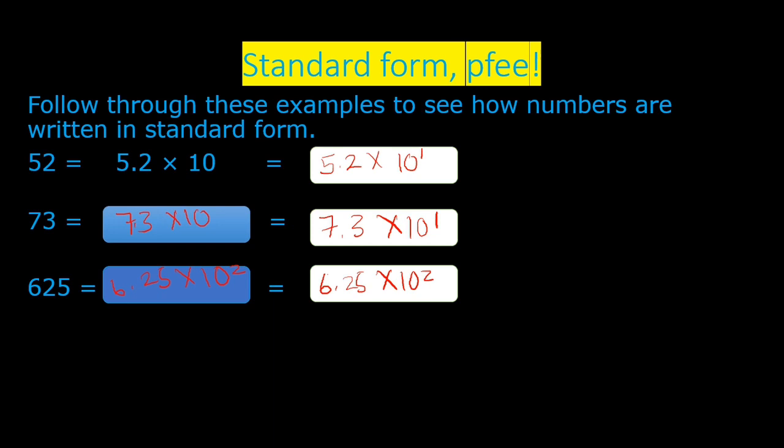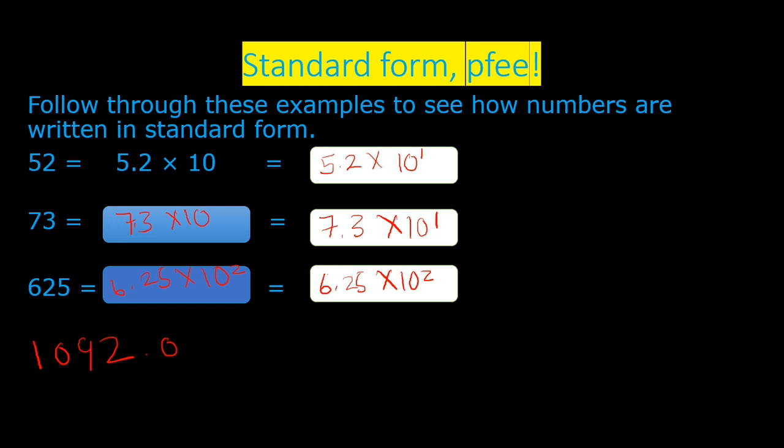Let me give you a simple tip to follow here. For example, let's say you have a problem like this one, 625. Let me give another number, 1092. In this example, we have 1, 2, 3, 4 digits, and all whole numbers can be written in decimal form like this, as the whole number point 0.